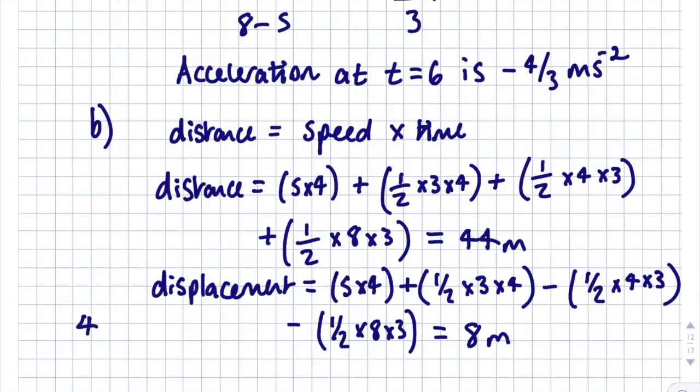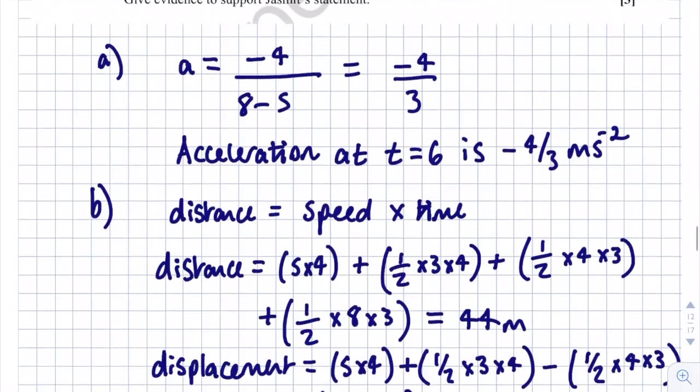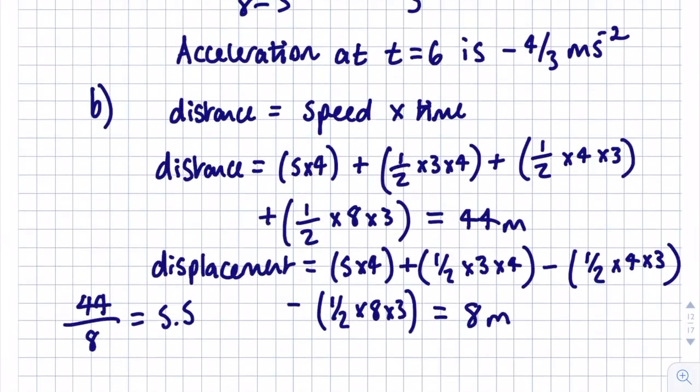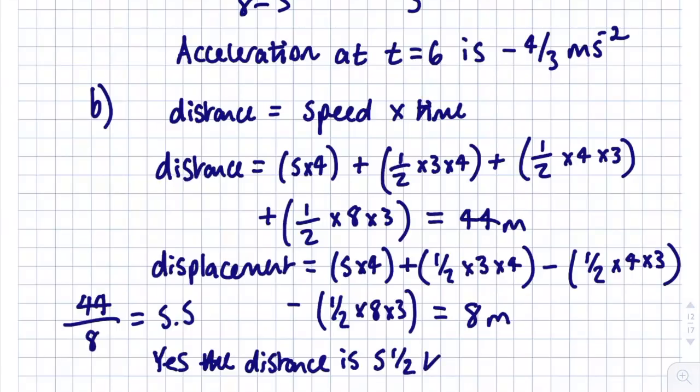So 44 divided by 8 simplifies to 5.5. 5.5 is more than 5 times, so we can say yes, the distance is 5.5 times the displacement.